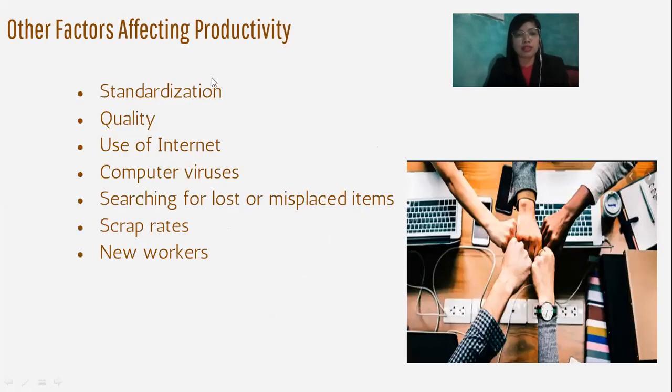Other factors affecting productivity are standardization, quality, and use of the internet. Computer viruses are another factor. If you save all the documents in your computer and suddenly it becomes corrupted, it will also cause a problem to your productivity. Then lost or misplaced items, scrap rates, and report rates.